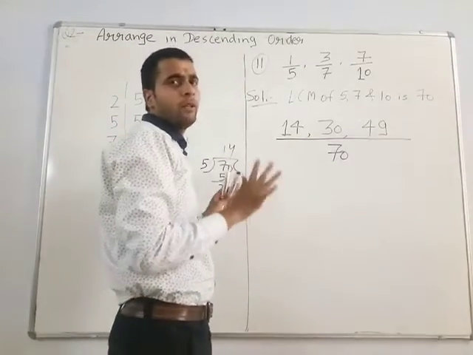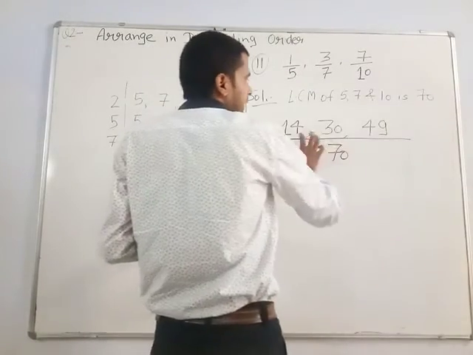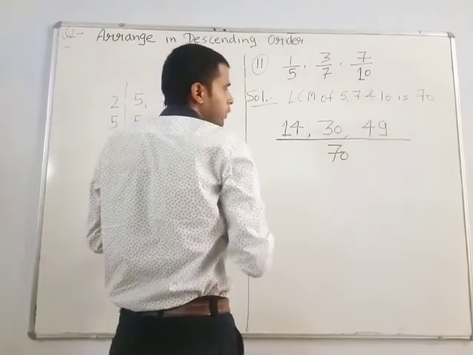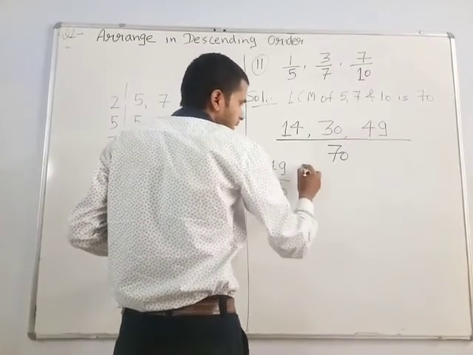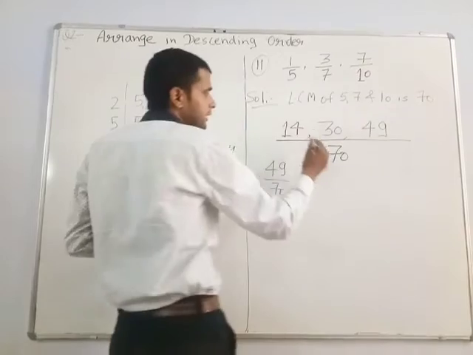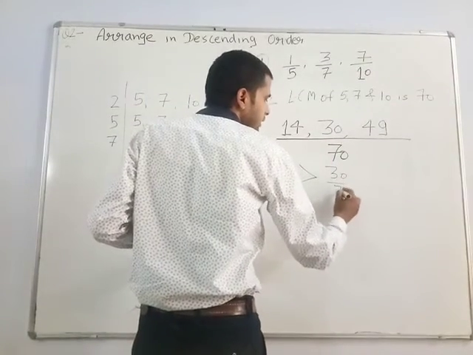So in arranging descending order, bigger value comes first. So in this case, which value is bigger? 49 upon 70. In descending order, this sign comes. Then 30 upon 70.